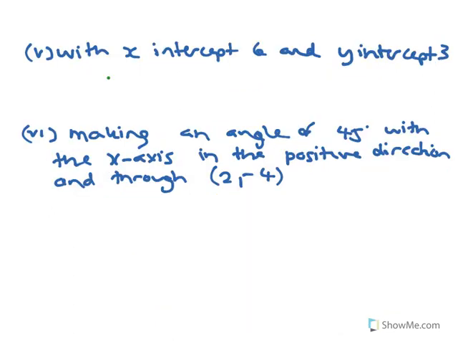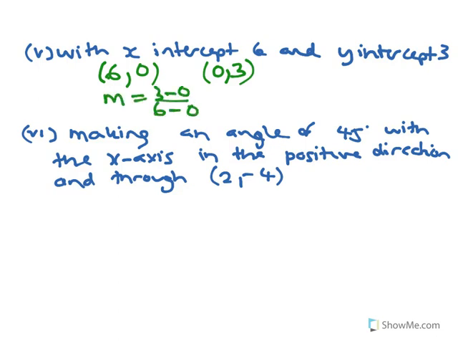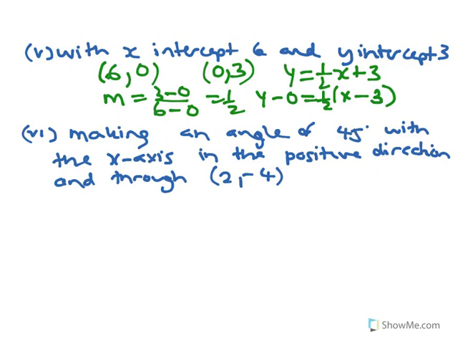Okay, so this one here, the x-intercept is 6, so that point is 6, 0. The y-intercept is 0, 3. So the gradient is 3 minus 0 on 0 minus 6, which is minus a half. You could just go, that's minus a half x plus 3, because that's the y-intercept. Or y minus 3 is minus a half x minus 0.